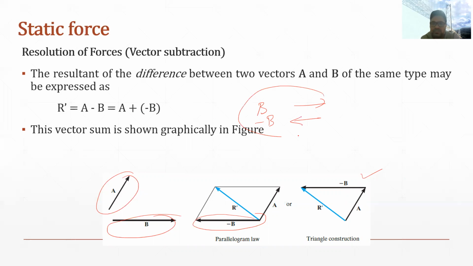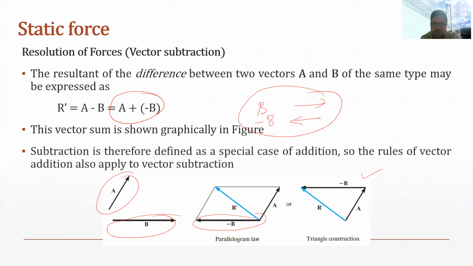So you can see here this is also a special case of vector addition in which we are adding forces of opposite sense. I have written here also, subtraction is therefore defined as a special case of addition. So the rules of vector addition also apply to vector subtraction.